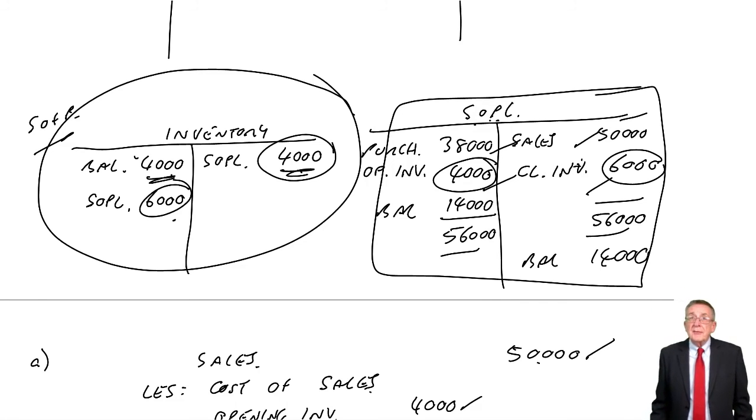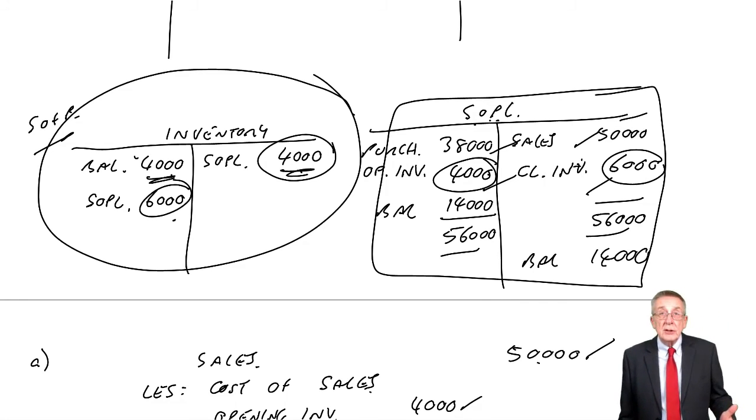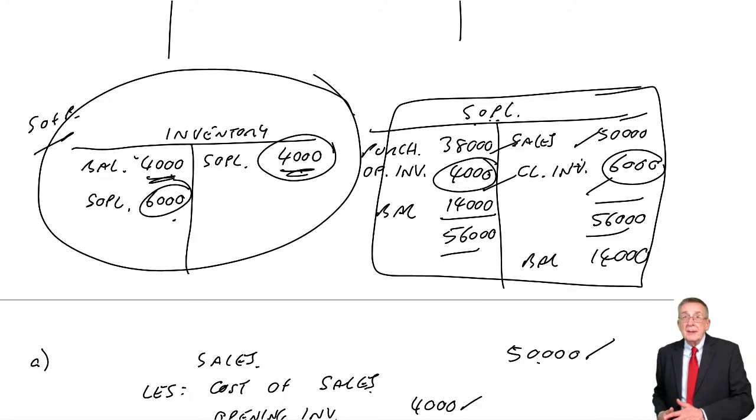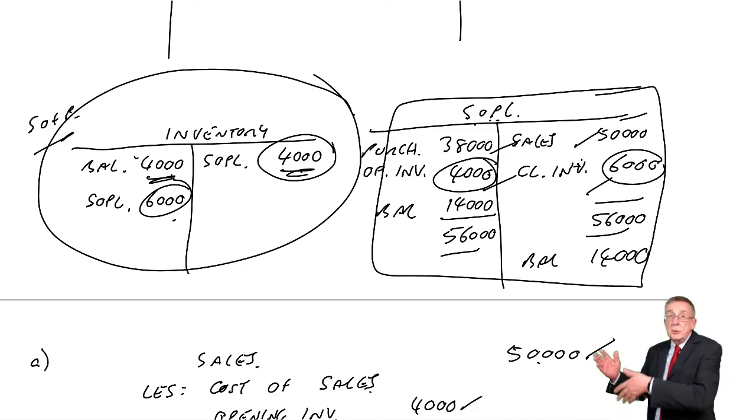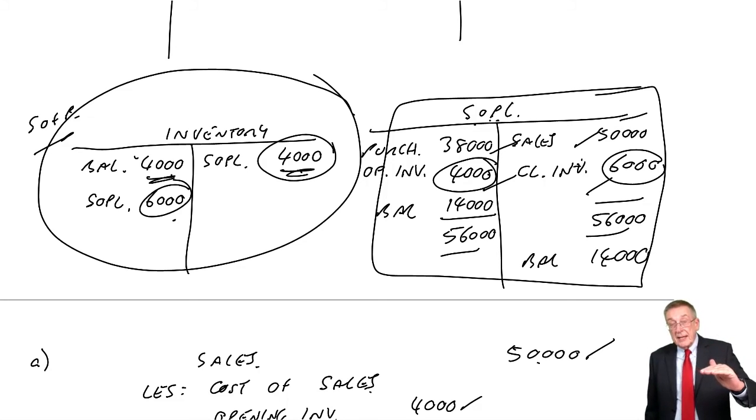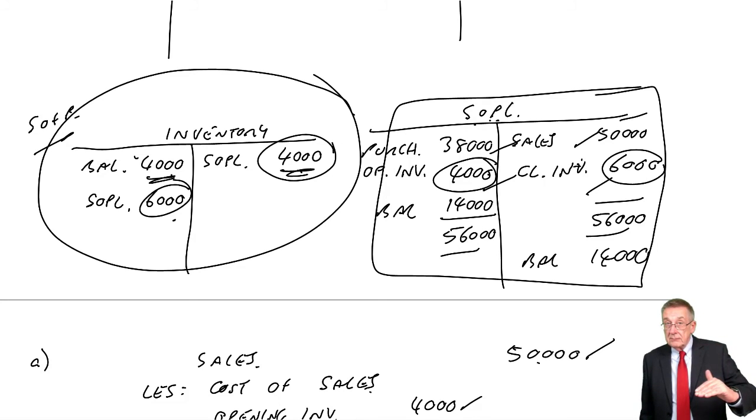Now, of course, companies often need to keep a day-by-day record of inventory. Well, fine, they can, completely separately. They can keep a little note day by day of how much inventory they've got. But in the T account, it's only correct at the beginning and end of the period.